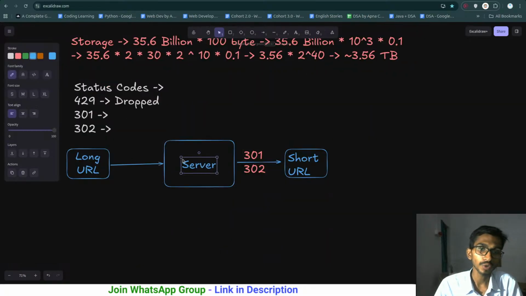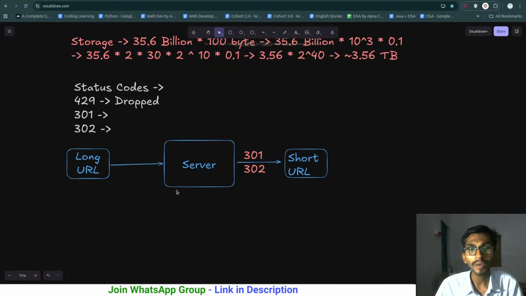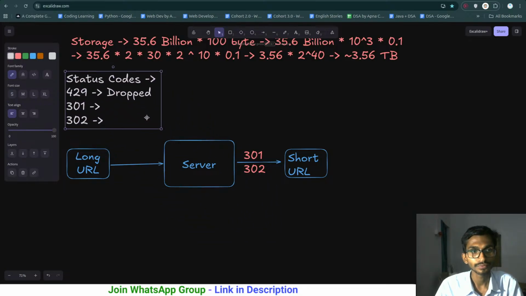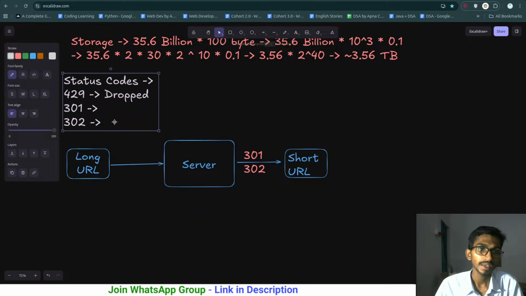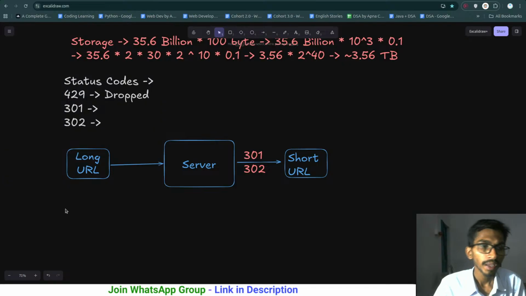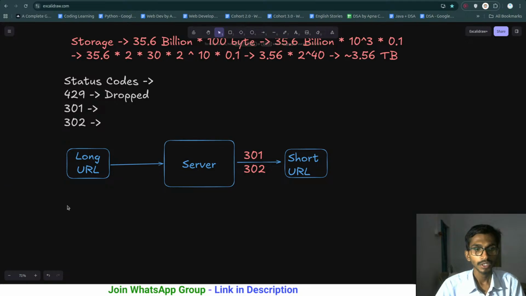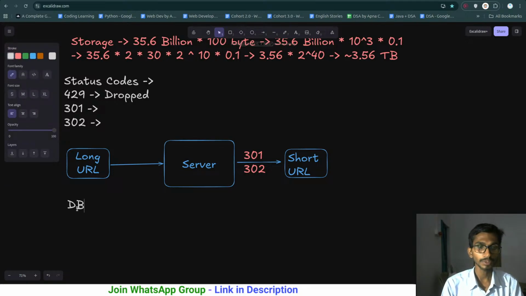Suppose I send the long URL to my server. Now the question is how my server will store it, of course, in some kind of database. That can be a SQL database, because when I send the request, my server needs to store this somewhere, right? So let's talk about the DBs here, databases.